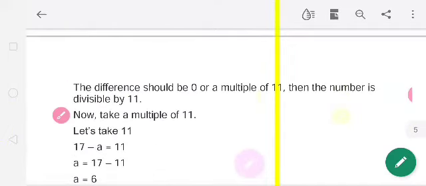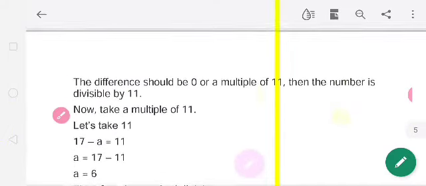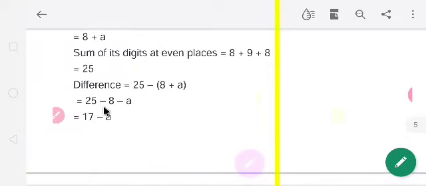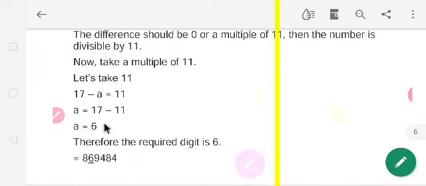So 17 minus A, the difference should be equal to 0 or a multiple of 11, then the number is divisible by 11. Now we can take a multiple of 11. Let us take 11. Here we have to find 17 minus A equal to 11. A is given as negative, so if we take it to the right-hand side it will change into positive, and 11 is positive, so if we take it to this side it will change into negative.